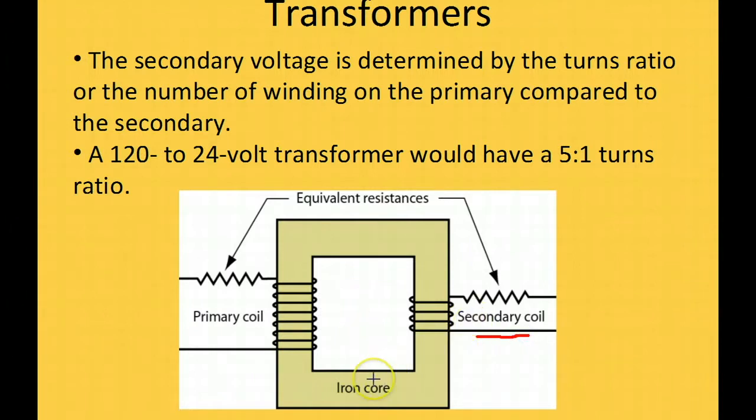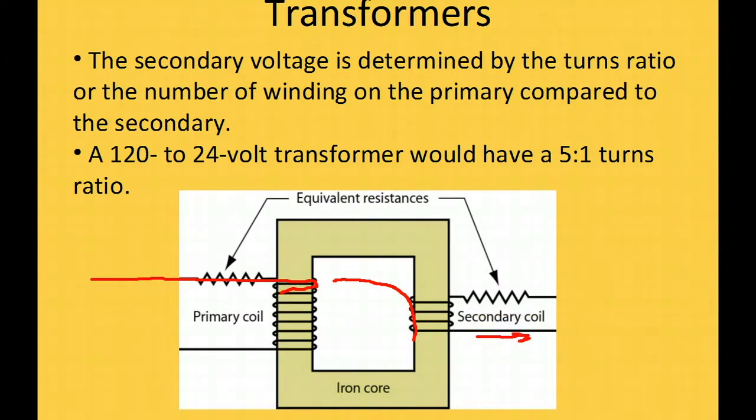So that is how a transformer works. Once again, we take mechanical energy, then we rotate a magnet through coils of wire that creates electrical current, then we run electrical current through coils of wire that creates magnetism that cuts through other coils of wire that create more current.